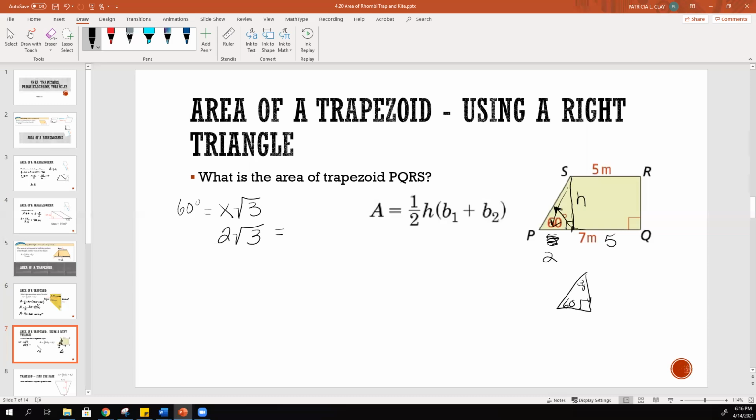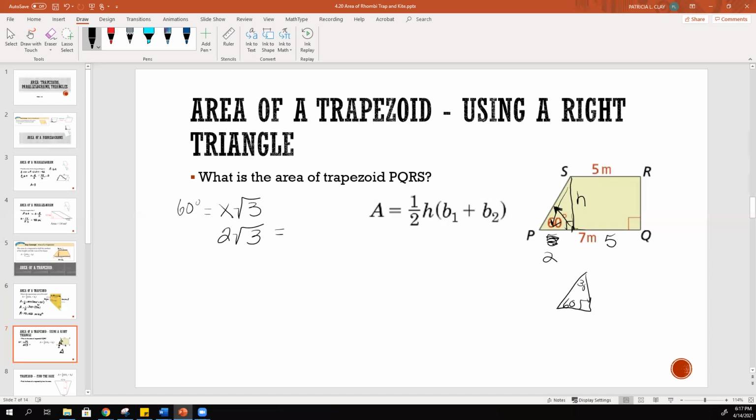Okay, so we can turn that into a number if we want to, or we can leave it like it is for right now. Let's leave it like it is for right now, and let's just keep solving it until we get the other part. So now we have the height right here.